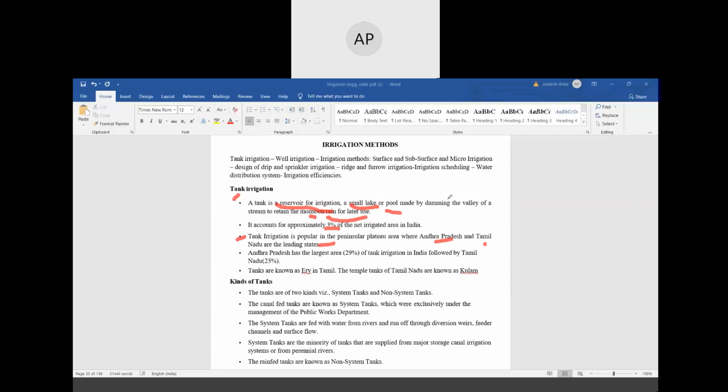Those who want to leave, please leave before I start. What's his roll number? Someone please tell me. Roll number 40? Okay, roll number 40 is absent. Last class also he left the meeting. I think he intentionally does this.